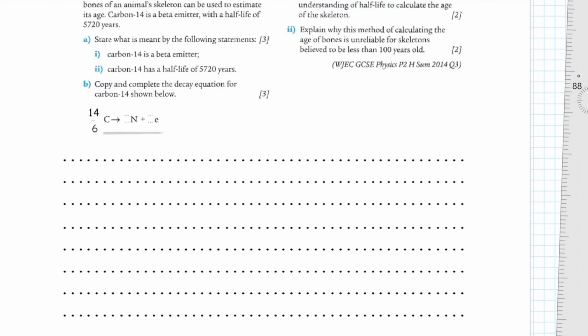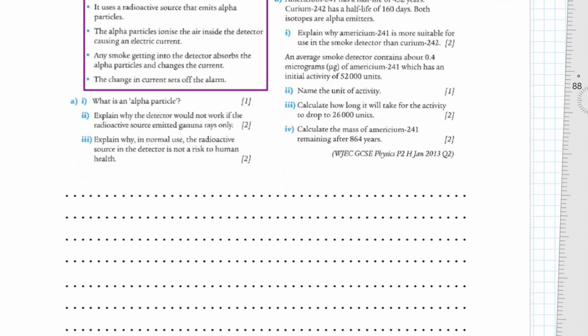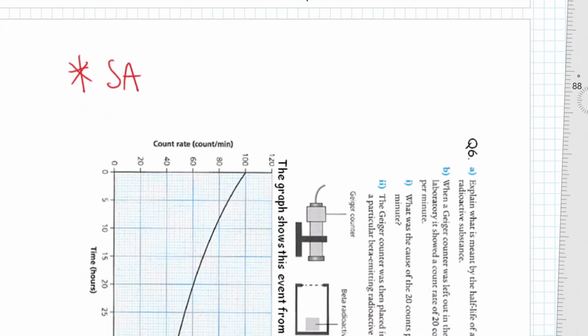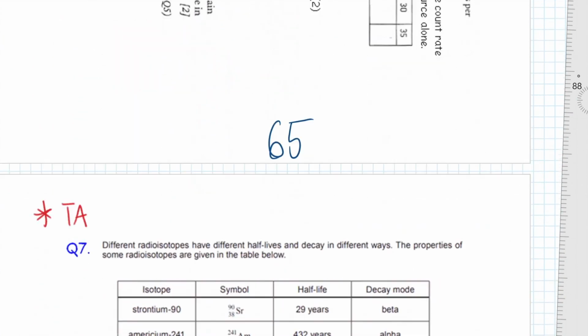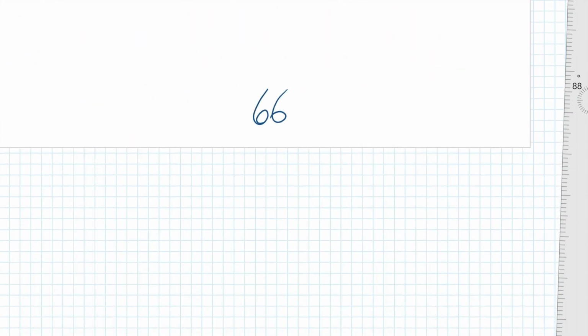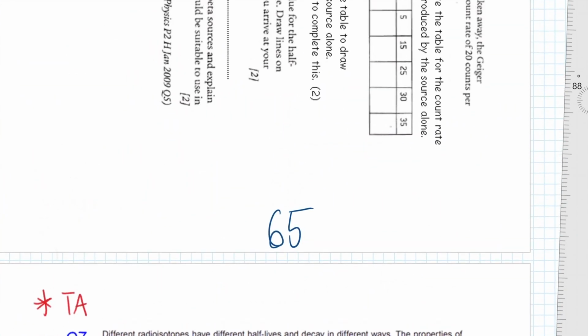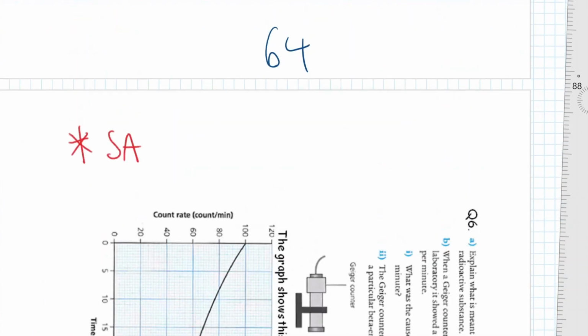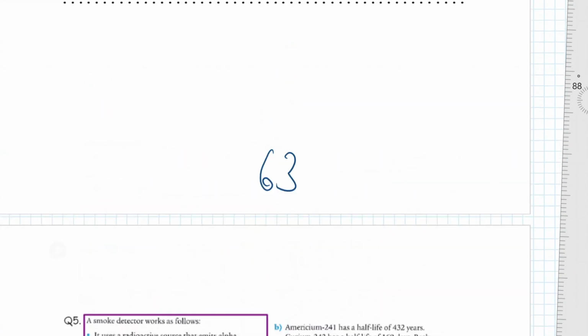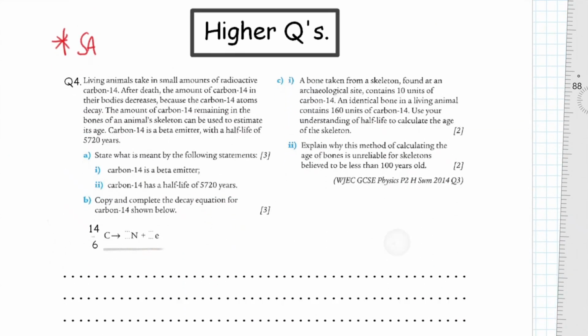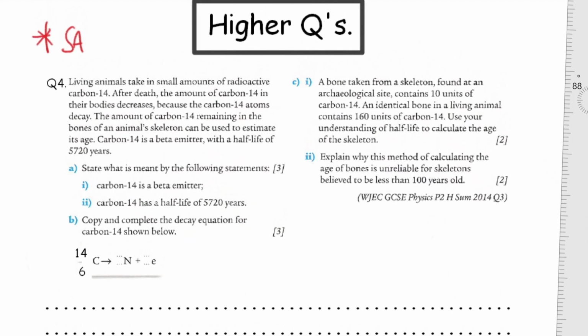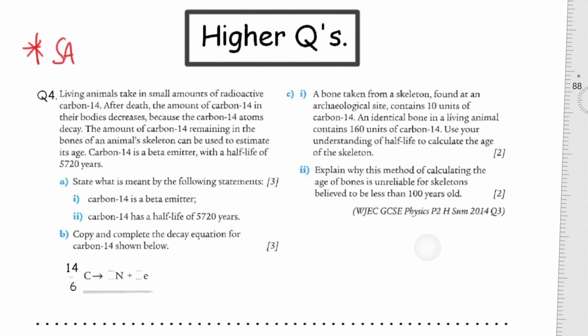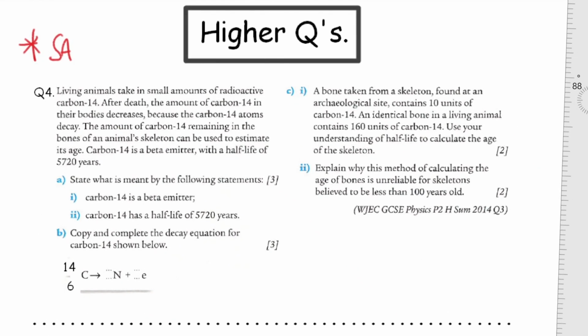We've got 1, 2, 3 pages, 4 pages, and we've got question 7 there will be a teacher assessment, and the rest will be self-assessment questions. Let's look at question 4, a bit to read, so I'm not going to read it all out. You do it, same again. When you've completed, press play and I'll go through it with you.